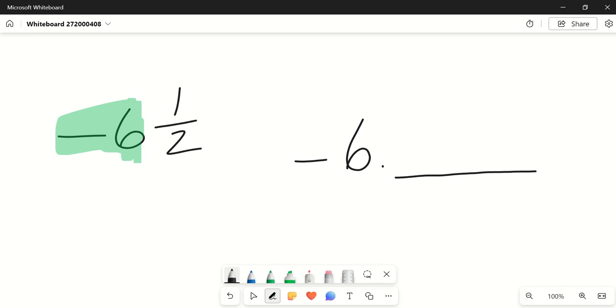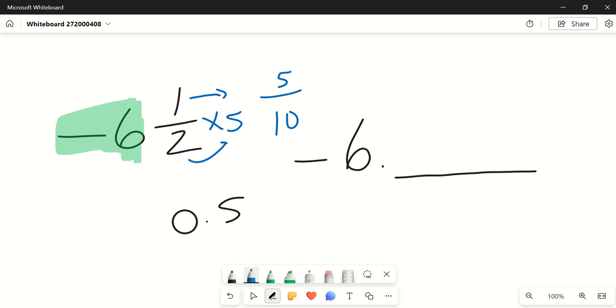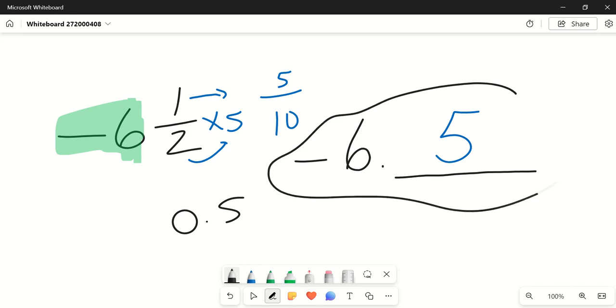Now, 1/2, we should all know, is 0.5. If you don't know that, you can actually convert this to become 10. 2 times 5 is 10. 5 times 1 is 5. 5/10, or 0.5. So my answer should be -6.5. -6 and 1/2 is the same thing as saying -6.5.